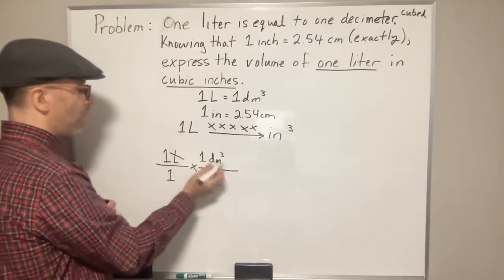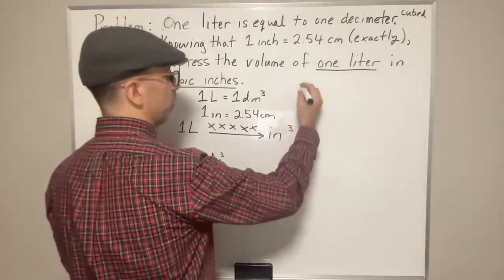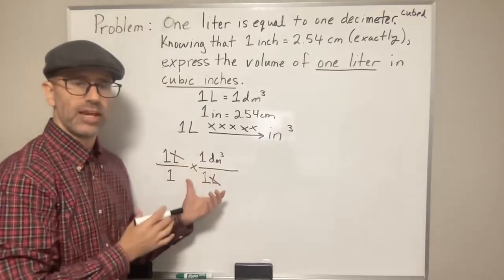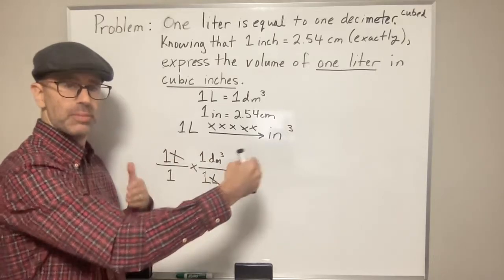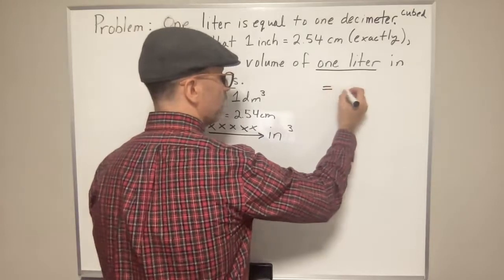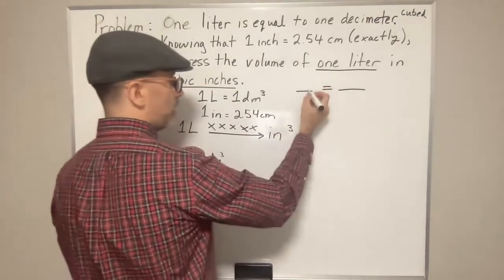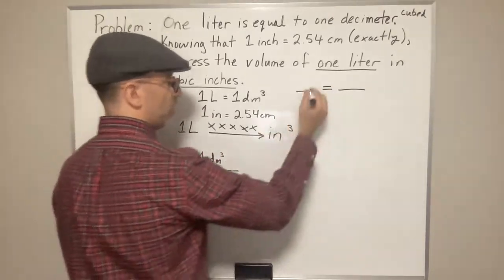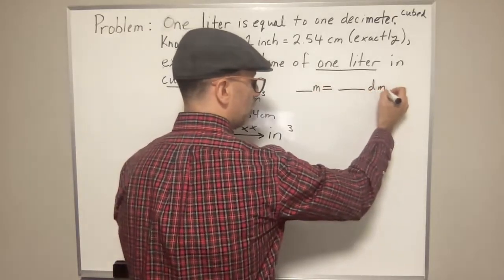So to convert decimeter to meter, I need my conversion factor. The way I set this up, in order to not make a mistake, is I always set up the equality, and I have my units. So I put my unit here. Maybe I want meters and decimeters. So I'll put meter here, and I'll put decimeter here.